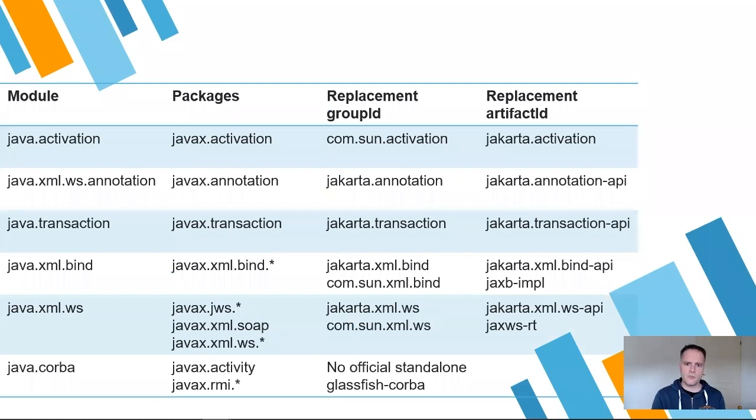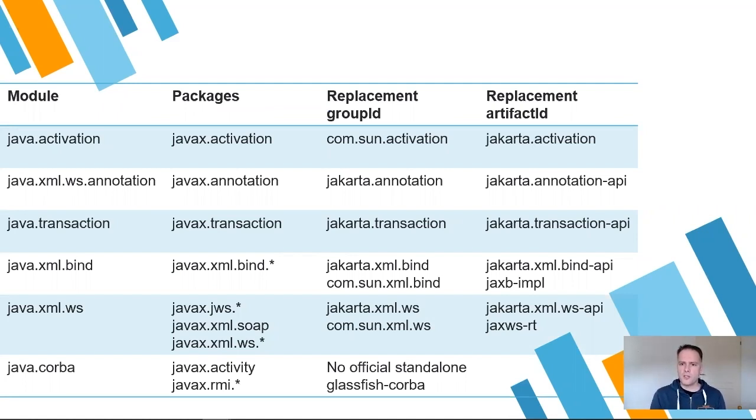And that's not only the case for JAXB, but also for the activation, annotation, transaction, web services, and for Corba. Most of them have official replacements, except for Corba, there's no official replacement, although you can use the Glassfish implementation, which is also available.